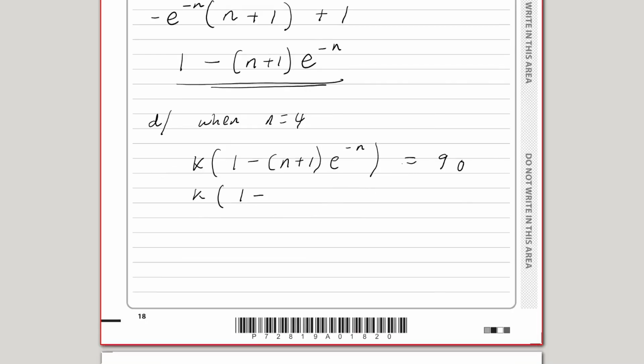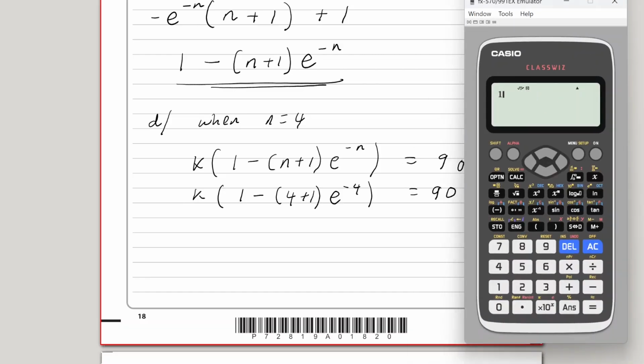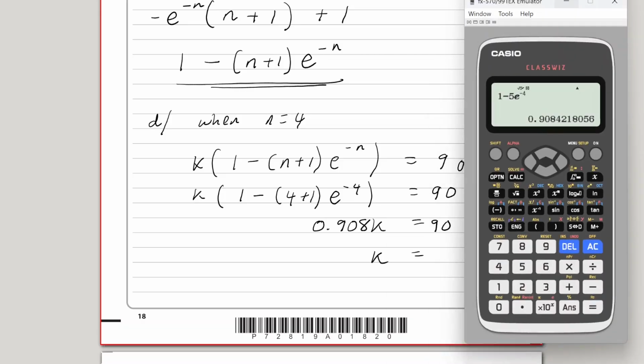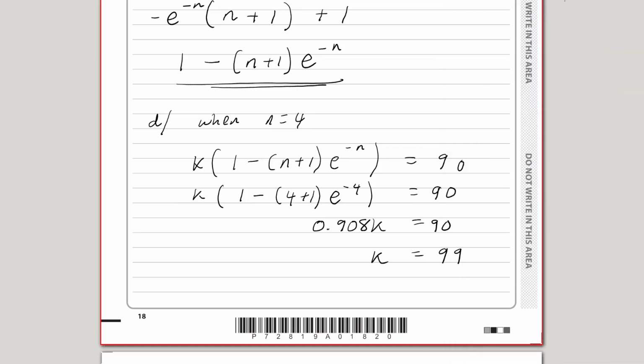So k times 1 minus 4 plus 1 times e to the power of negative 4 is equal to 90. 1 minus 5 e to the power of negative 4 is 0.908. 0.908k is 90. Divide by 0.908, we get 99 to the nearest integer.